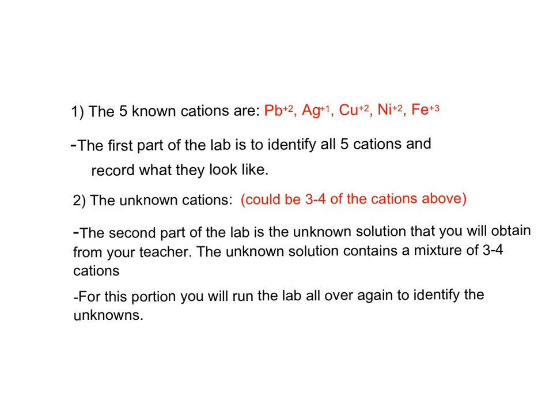Instead, you're going to have some combination of those 5. You won't know, though. You'll have to determine it as you go through the procedure. You will run through the entire procedure again, do the exact same series of tests you did the first time, and identify which tests you have a positive result for and which tests you have a negative result for.